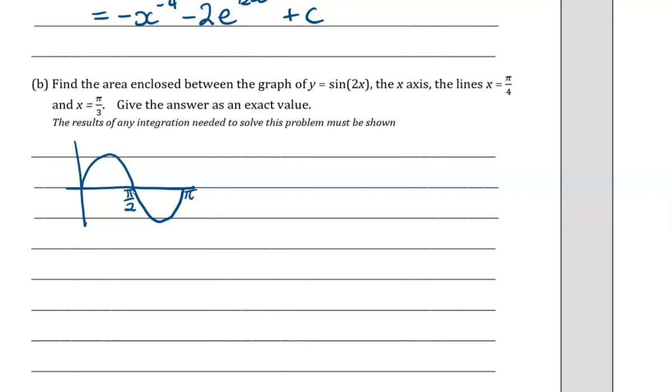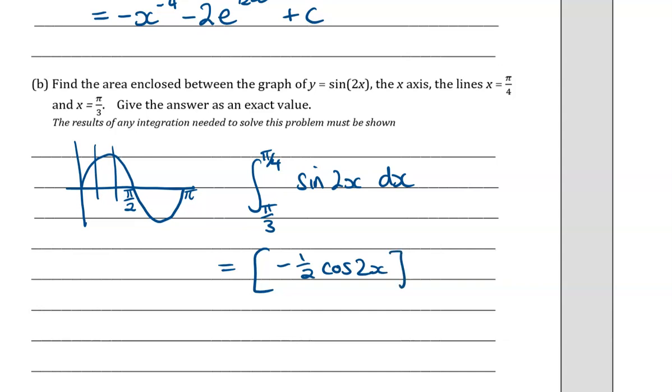Okay, so pi by 3 and pi by 4, they're both on this side of the graph, so we're good to go, just integrate straight between them. So pi by 3 up to pi by 4 of sine 2x, and you get minus a half cos 2x.